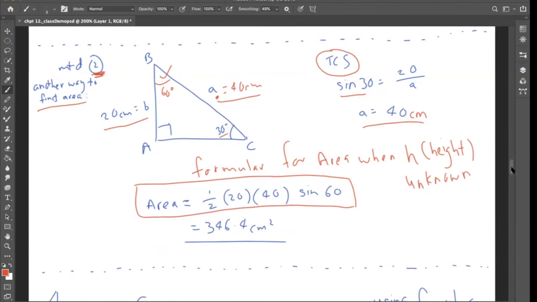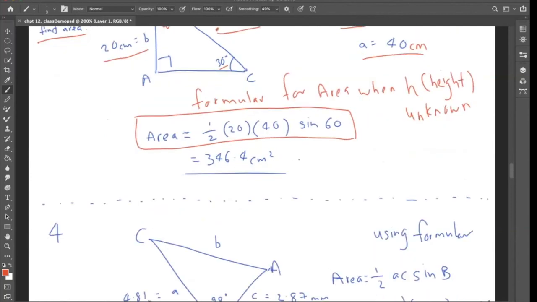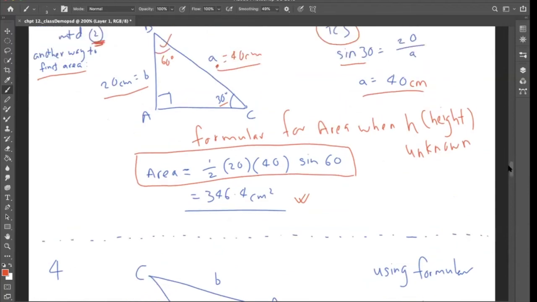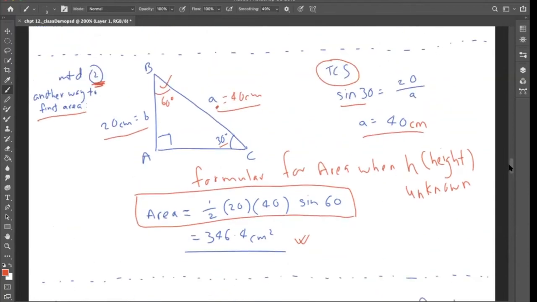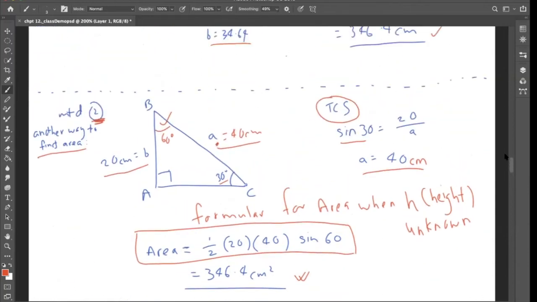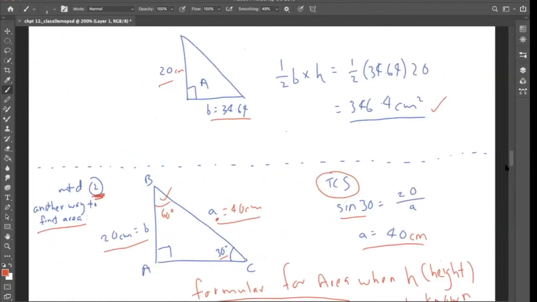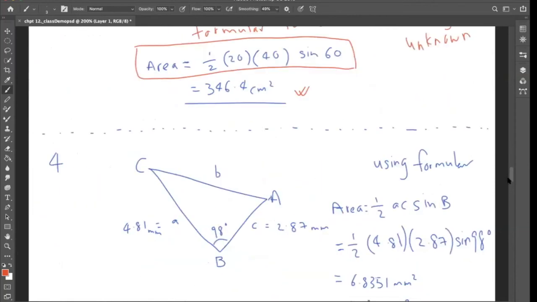All right. So once again, we verify that this is 346.4 centimeters squared. So we try so many methods, right? We get the same answer to verify. So far, okay?